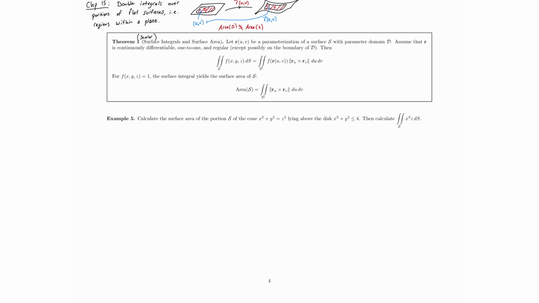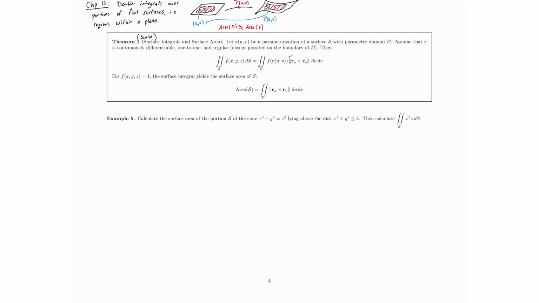And then what you end up checking here is if we take a little square or rectangle surrounding the point and then we send it to our new space, it will morph a little bit. So this tells us effectively what is the distortion factor.